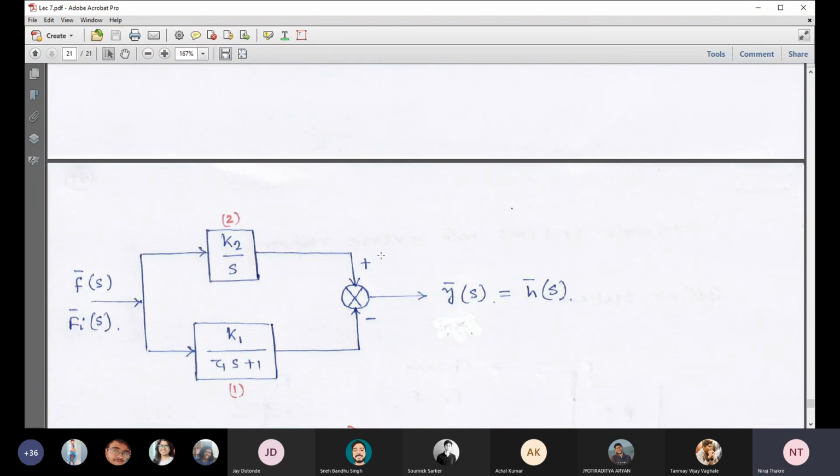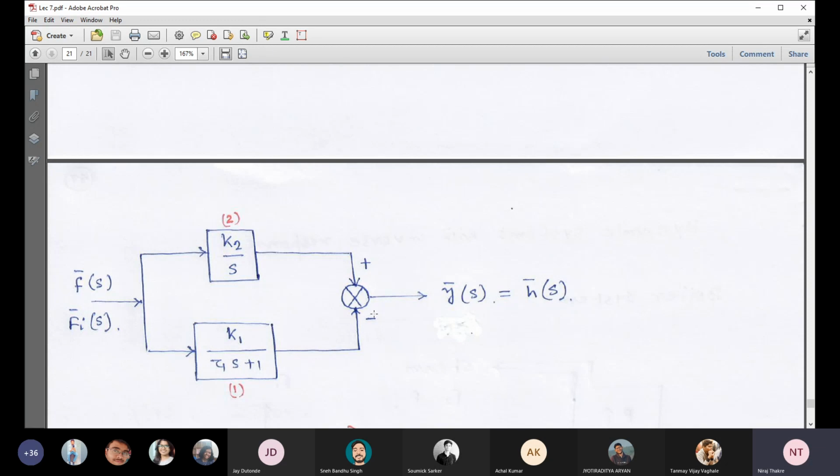In this block diagram, you see Fi is our input and liquid height H is our output. And as discussed, there are two transfer functions. For the first time duration, we have a first order response. So it is K1 divided by tau 1 s plus 1, which carries negative sign.